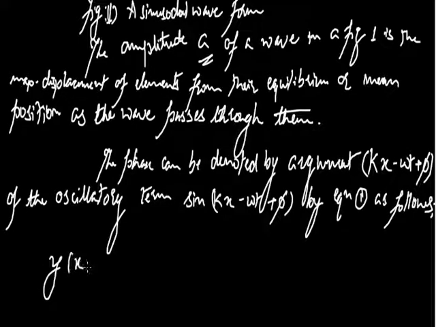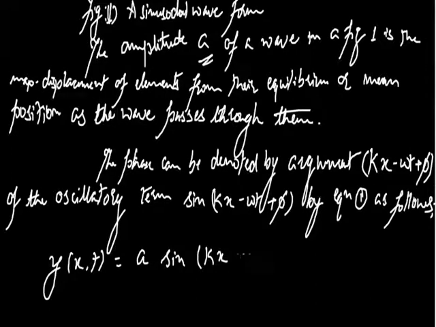According to equation 1, we have y displacement in terms of x and t. A is the amplitude, sin is a function, kx is the angular wave number times x, minus omega t, where omega is the angular frequency, and phi is the initial phase angle. So this whole constitutes our equation 1.